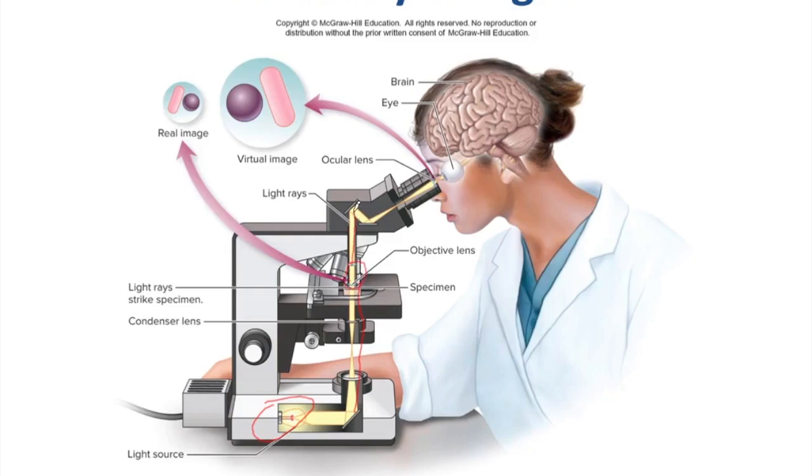Then those images are transferred to the ocular lens. The ocular lens continuously magnifies the image, and then this image can be transferred to our eyes.